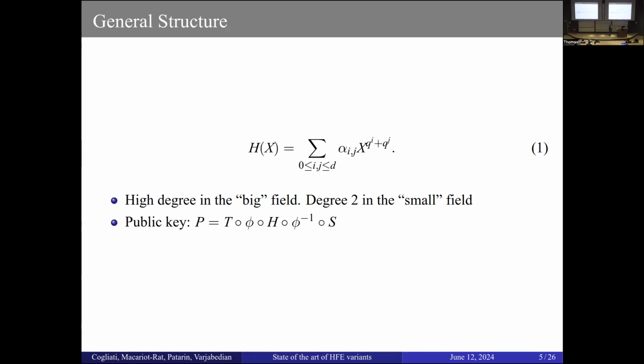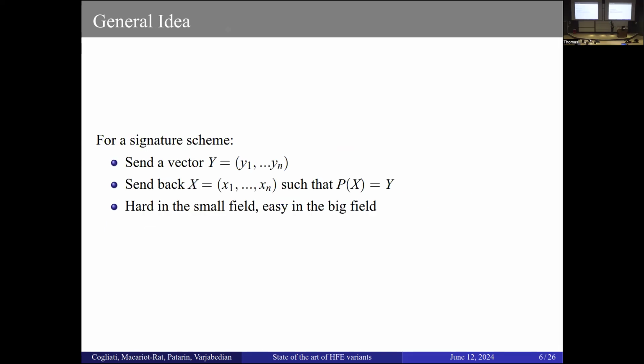Obviously, we all know about the natural isomorphism that I noted here, which is phi. So we need to hide this structure with two linear transforms, T and S. For a signature, I will just describe it slightly. I will not go into detail because the signature is a bit more difficult than what I am going to describe.